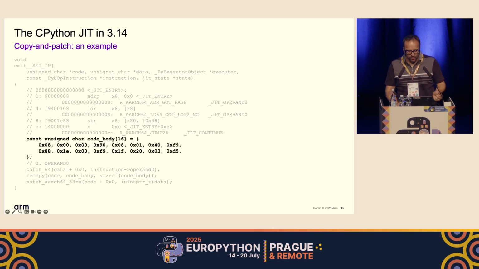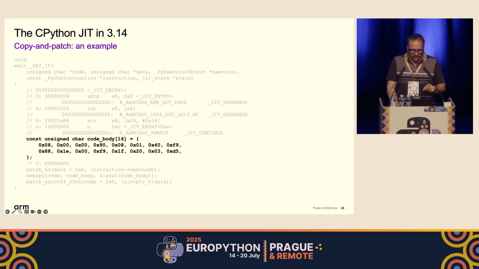So the code body array that you see here is the binary representation of the instructions that we saw earlier. It is the same arm64 sequence that performs _SET_IP. And this is what we call the stencil. It's a small precompiled machine code template that implements the logic for a single micro-op.